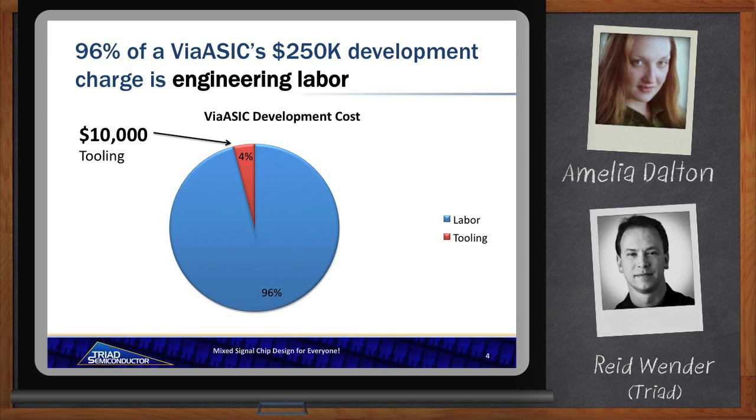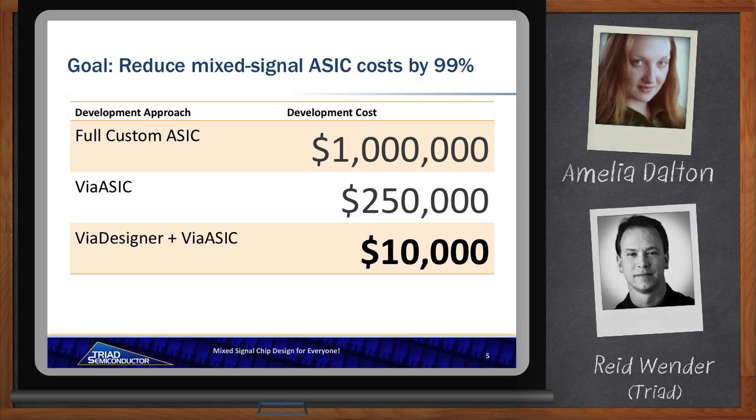Okay, fine. No, seriously. If you were able to do most of the VIA ASIC development yourself, we can reduce the cost of developing your own custom configurable mixed signal device from $1 million down to less than $10,000. Seriously? Absolutely.